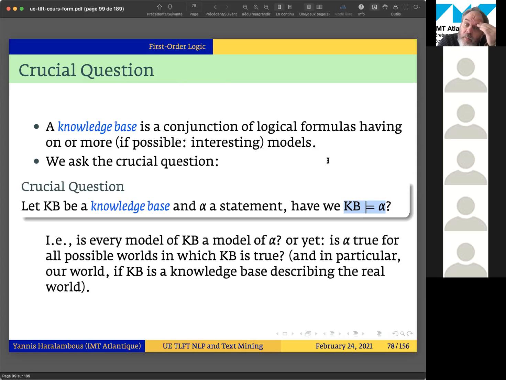Interpretation is like imagination. You can imagine possible worlds. Your power of imagination is infinite. You have to prove that this formula is true in every possible and imaginary world whenever the knowledge base is also true. So you cannot prove this directly.